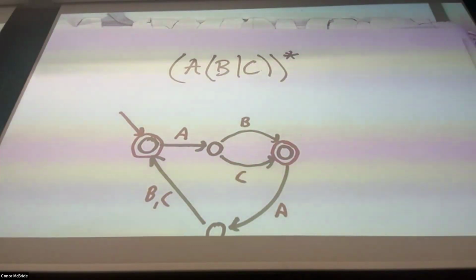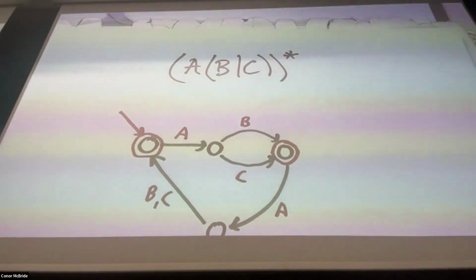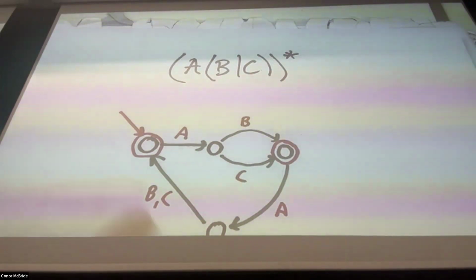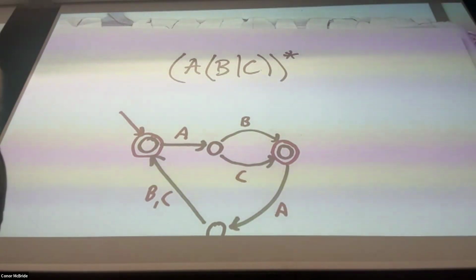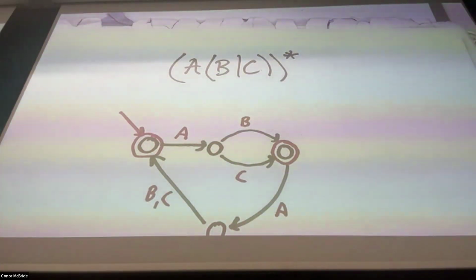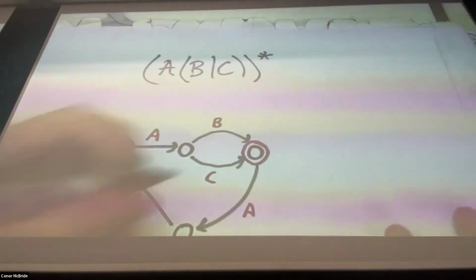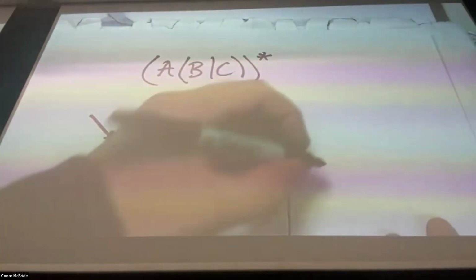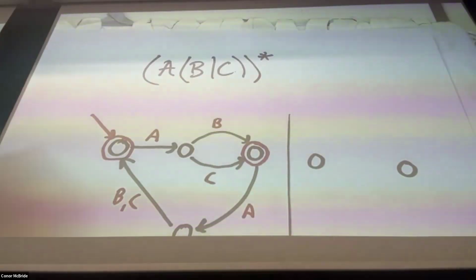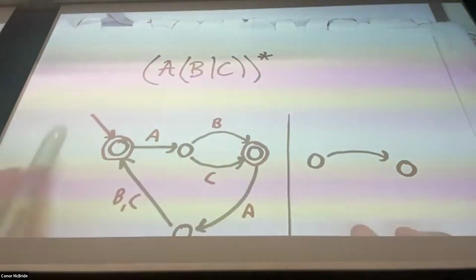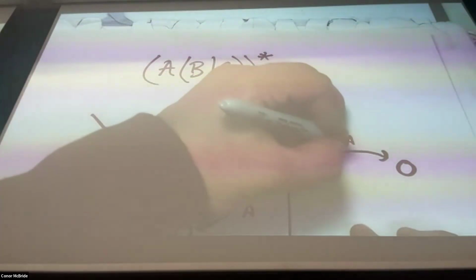One thing we can see from this is that there are many ways to draw an automaton for the same regular expression. Another way to do it would be to say, I have my initial state, then I have my other state. If I see an A, then I move over here.